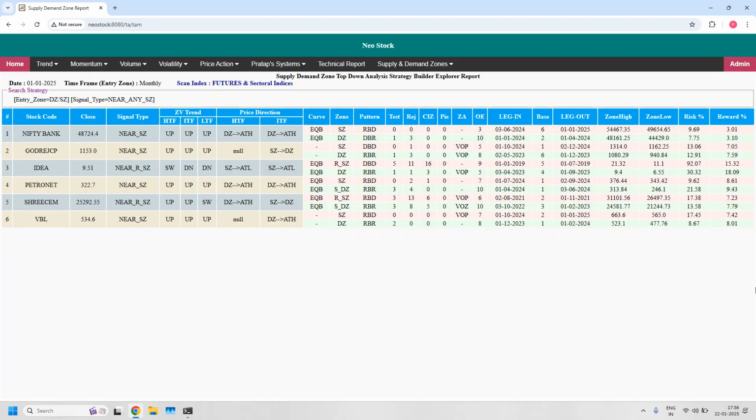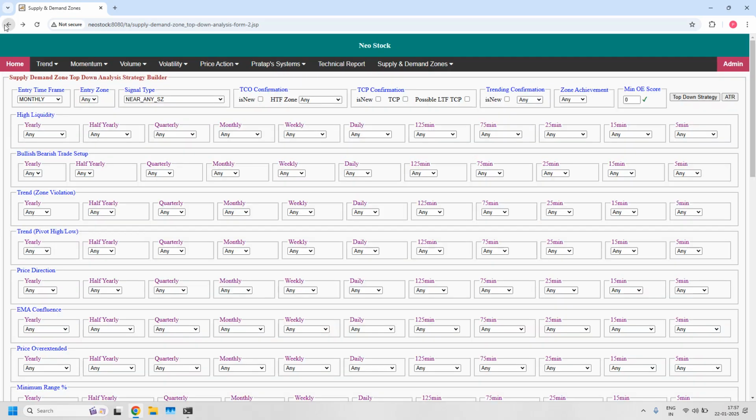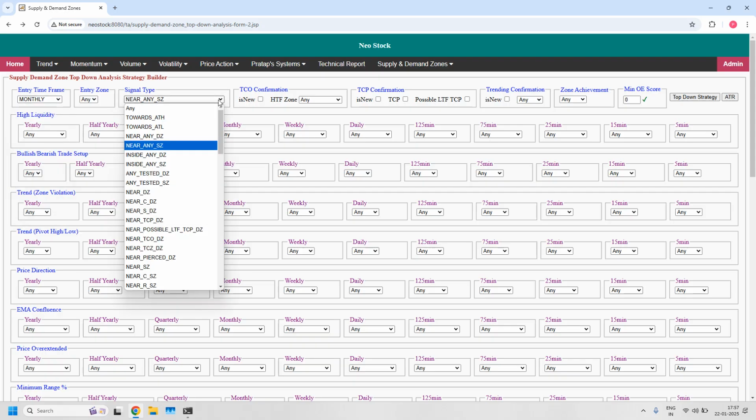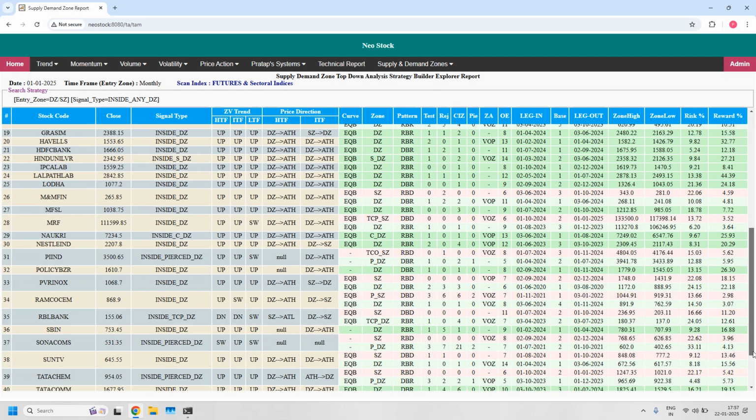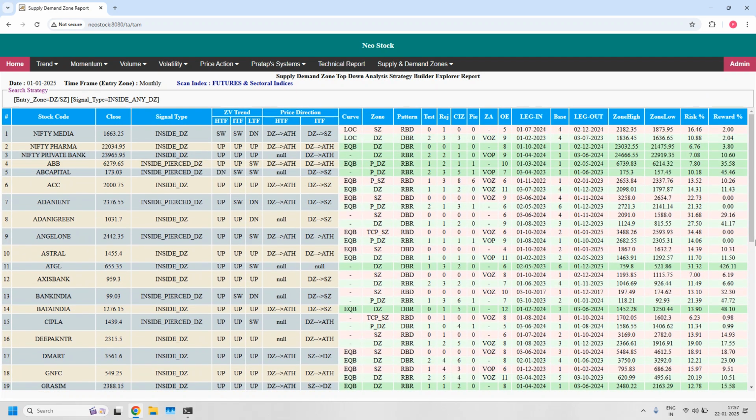We got 6 stocks. Next, monthly time frame. Price closed inside the monthly demand zone. We got 44 stocks, and the first 19 stocks are in the list. I am scrolling the list down.